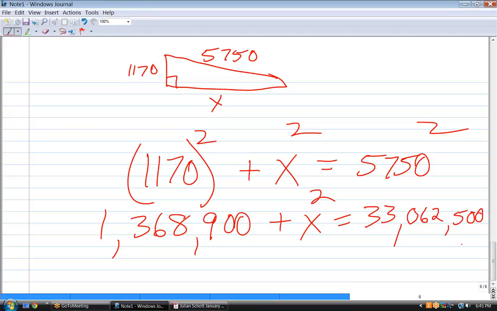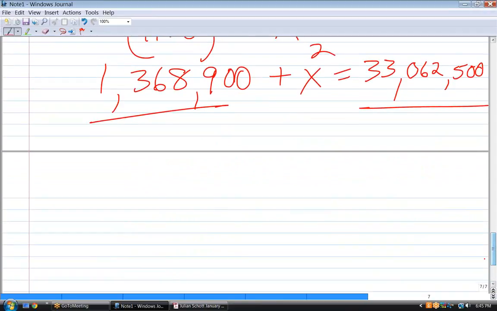I'm glad you said 33 million and not 3 million, because 5 squared is 25, so 5,000 squared would be 25 million. So this is just right. Now take that number and subtract that number. What do you get?